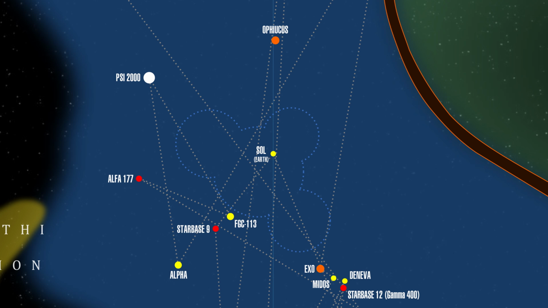As I mentioned earlier, Deneva is cited by numerous sources as orbiting the real star Kappa Fornacis, placing it in the Beta Quadrant and in core Federation territory. The Enterprise's destination after this is Starbase 10, which canonically sits near the Romulan neutral zone.